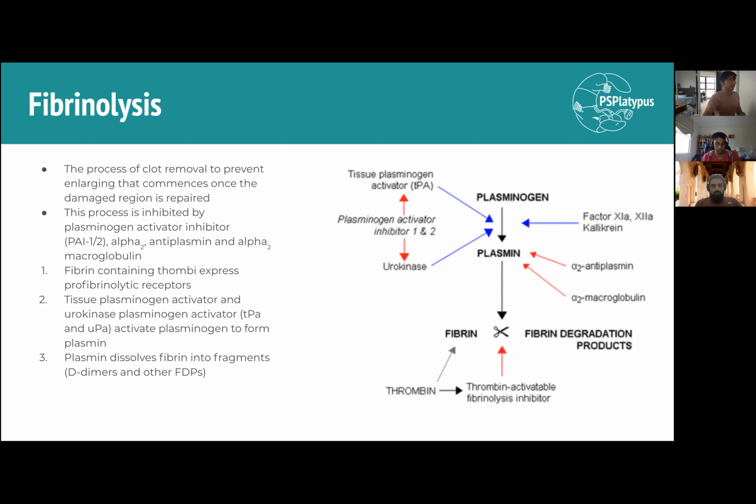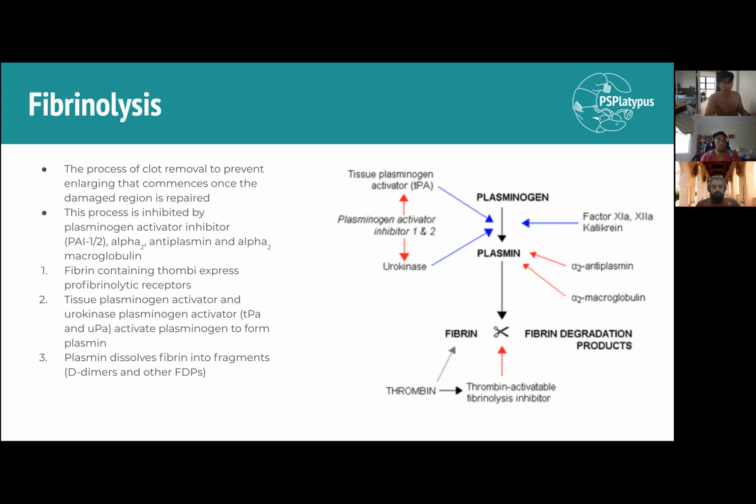So during that, tissue plasminogen activator and urokinase are activators of plasminogen into plasmin, and these are inhibited by plasminogen activator inhibitor 1 and 2. And these are upregulated or produced in higher amounts during inflammation, as they are in response to cytokines within the endothelial cells, therefore inhibiting the conversion of plasminogen into plasmin.